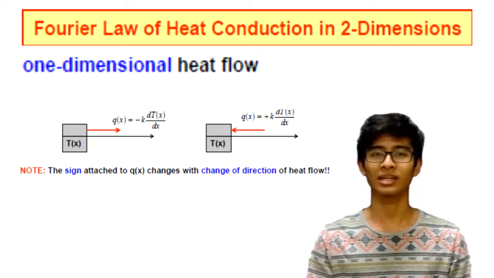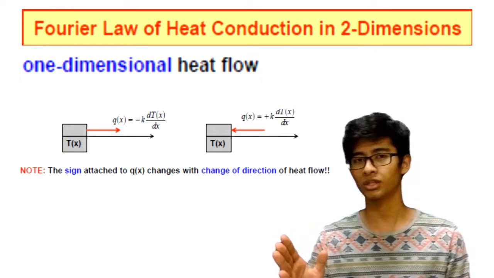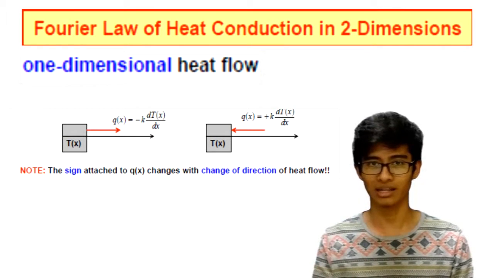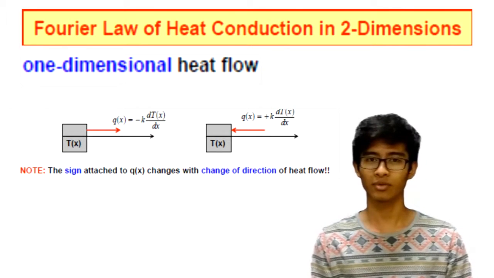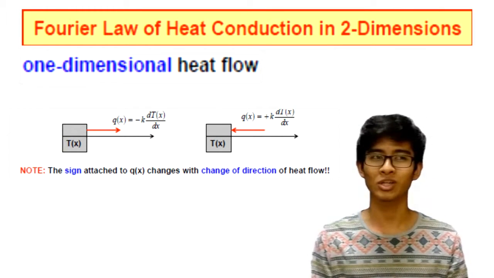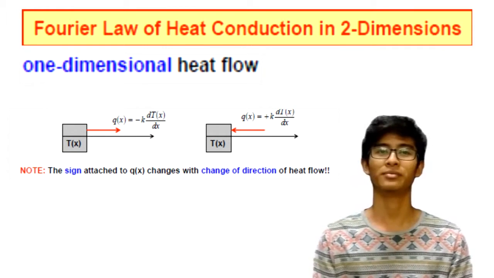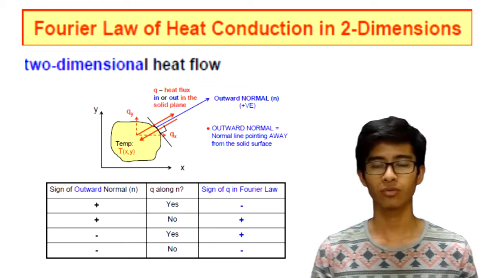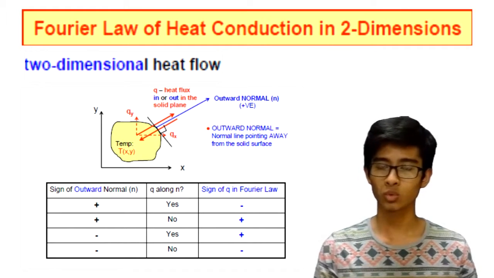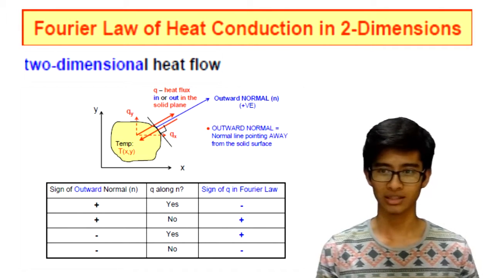When the heat flows from higher temperature to lower temperature, it gives the formula a negative sign. When the heat flows from low temperature to high temperature, it gives the formula a positive sign. For two-dimensional heat flow, the heat flow can be separated into two components, the x and y components.